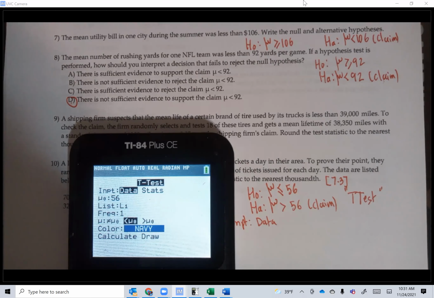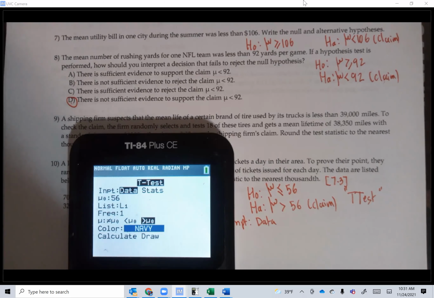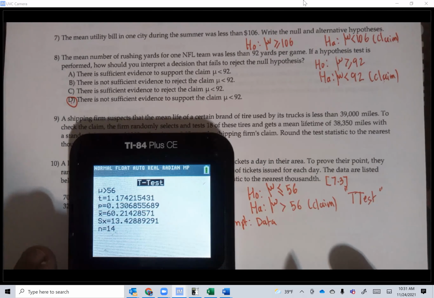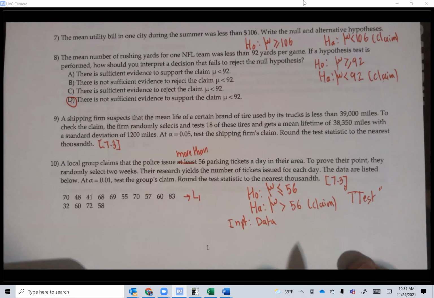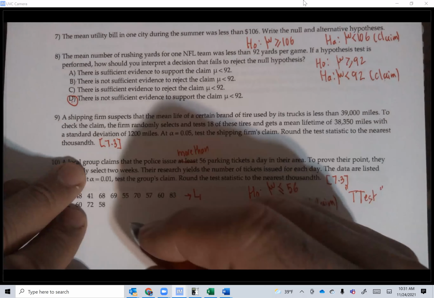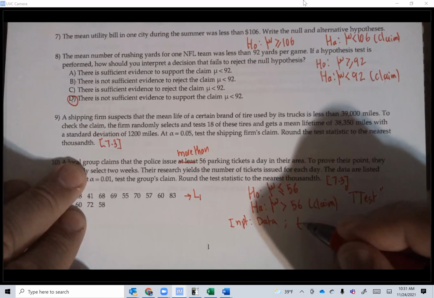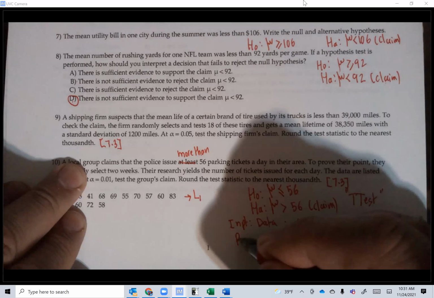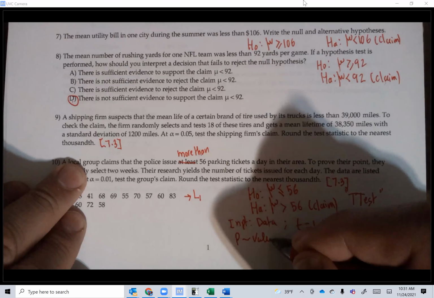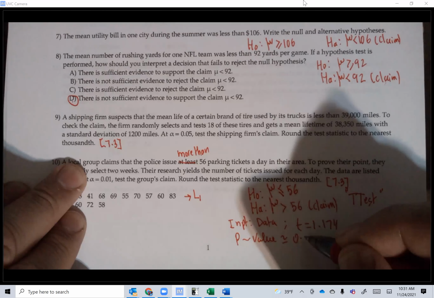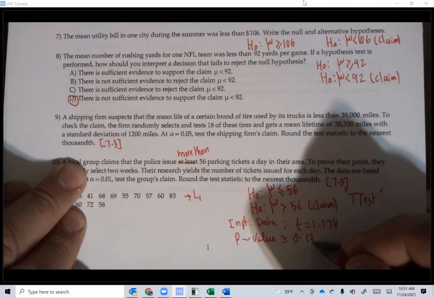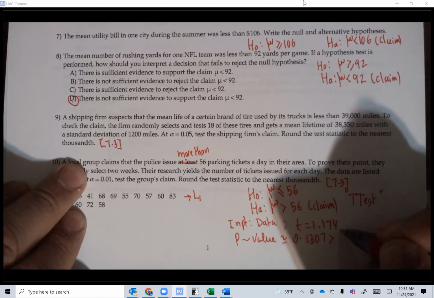We need a greater than, and then calculate. So T is 1.174. P-value is 0.1307, which is bigger than alpha, of course.